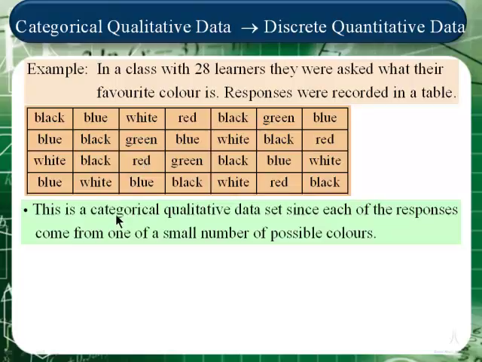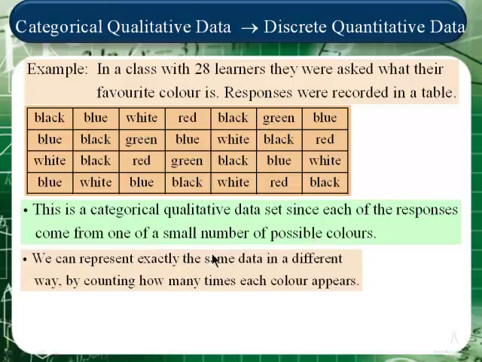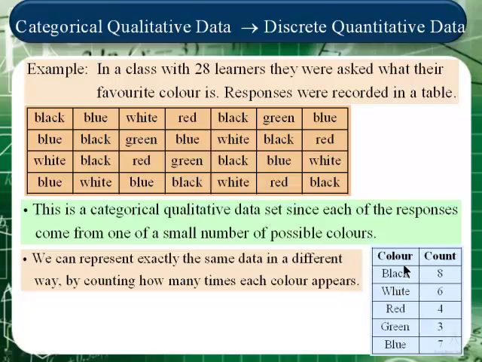Now this is clearly categorical qualitative data, since each of the responses come from one of a small number of possible colors. We can represent exactly the same data in a different way simply by counting how many times each color appears, and then we obtained this particular table.